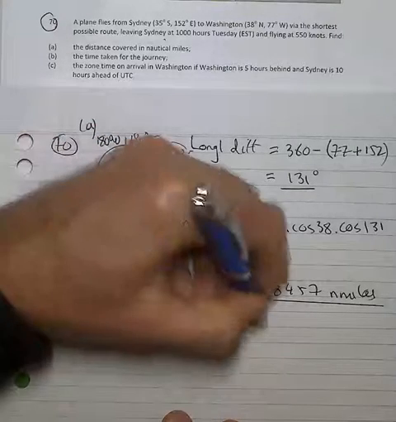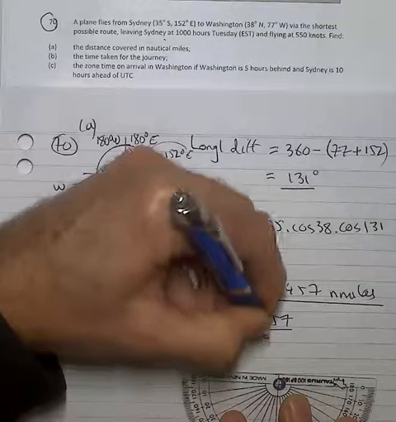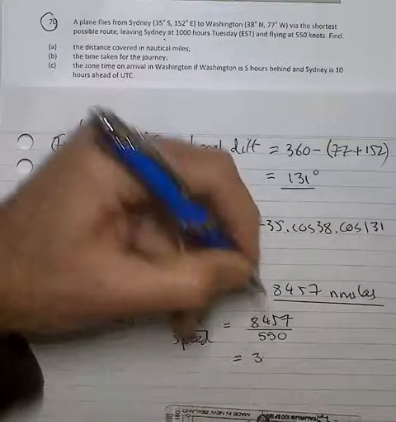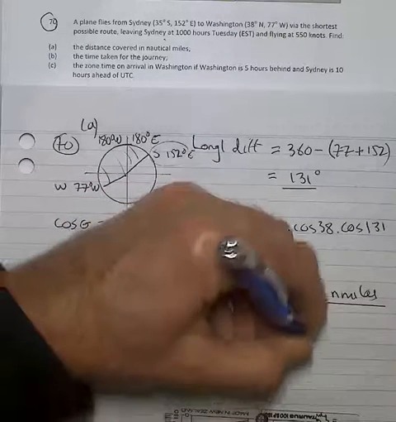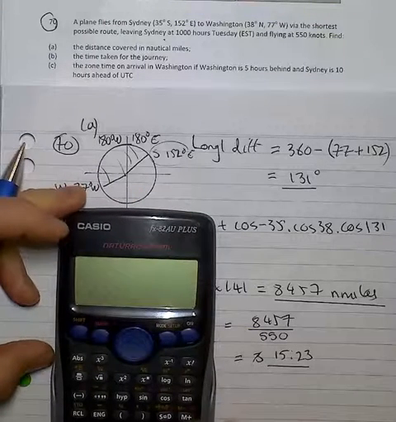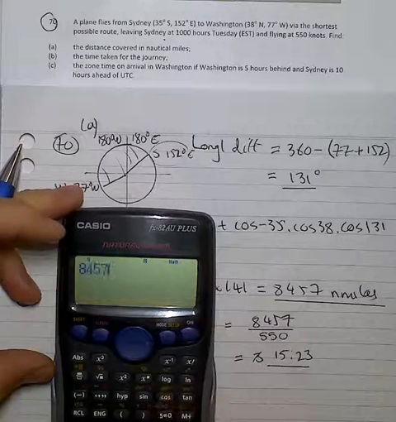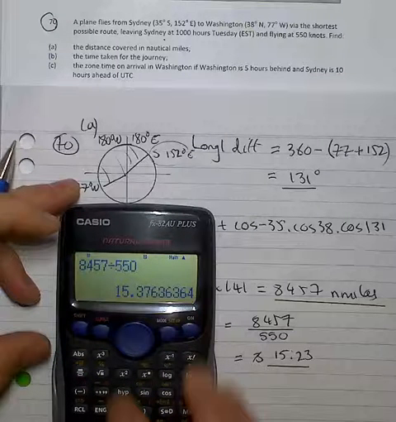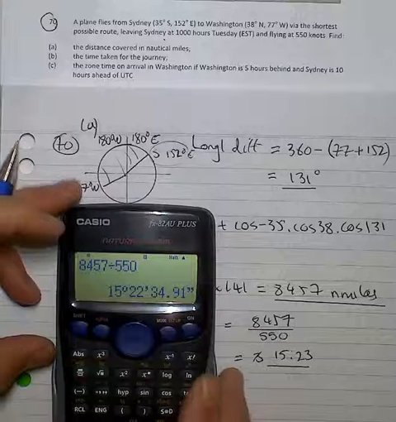So 8457 divided by 550. And when we do that, we end up with a total of 15 hours and 23 minutes. I'll just quickly remind you how to do that. So 15:23, round up to the nearest minute in this instance.